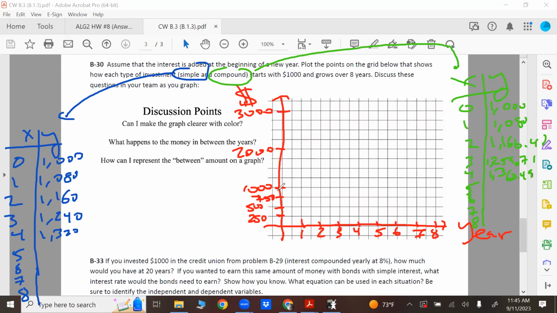So they both start here, but this one grows consistently. So you have 1080. Actually, it's kind of hard to guesstimate. I know at 3 it's going to be pretty much at 1250.